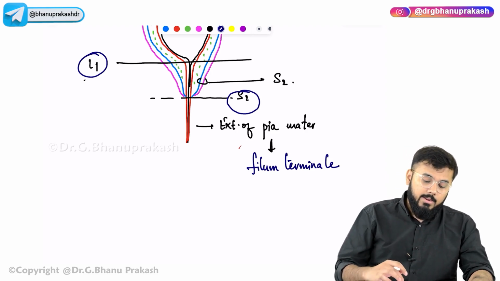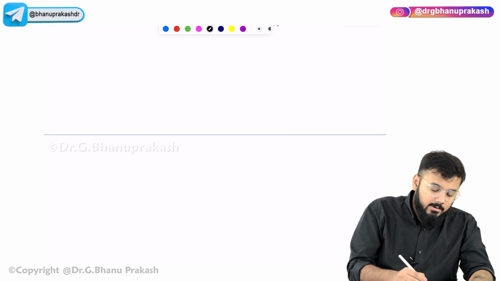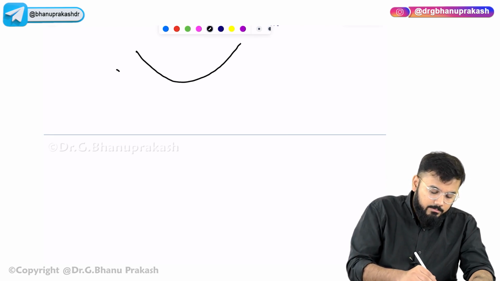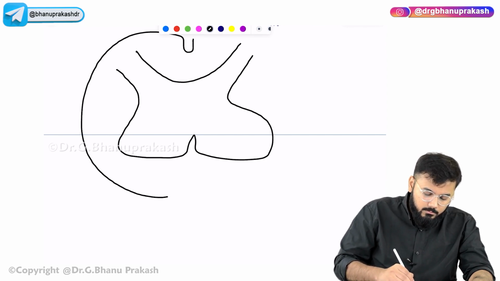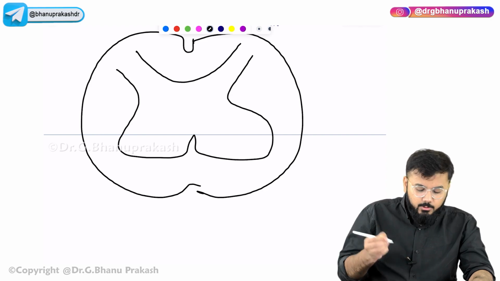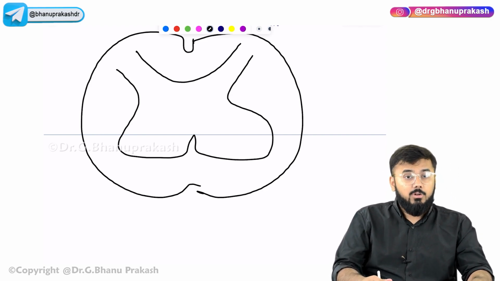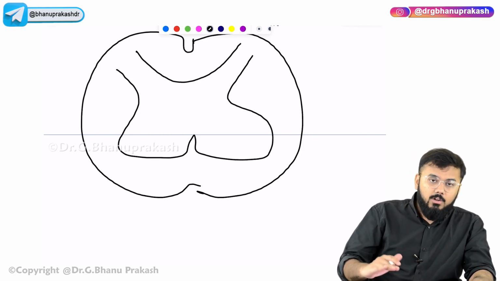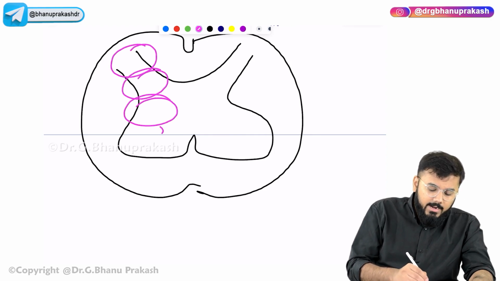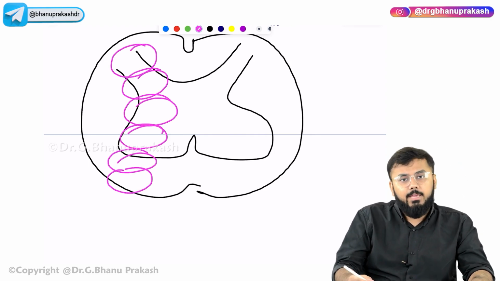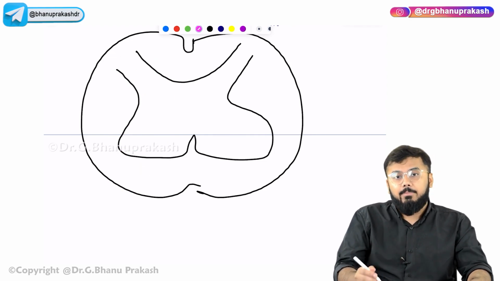Now, next important thing is that when you make a section of the spinal cord, this section is divided into many laminae.